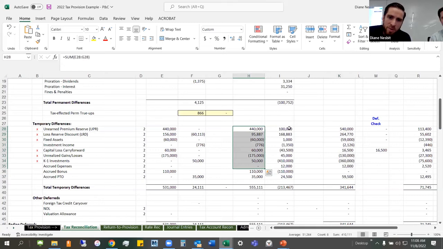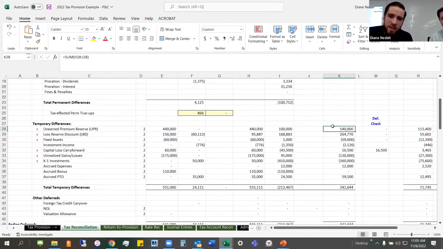Conversely, if your beginning's right but you record this wrong, there are certain check figures as you build out provision work papers where you can say, okay, I've run all these temporary differences through, I think these are right. And the question is, is there a way I can check this to give me some comfort?